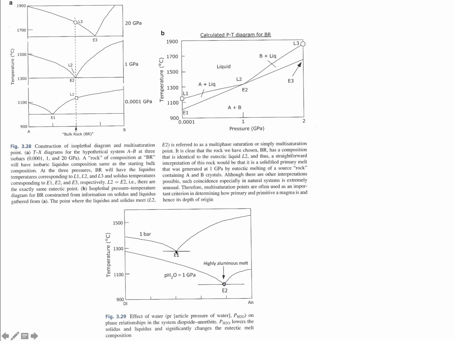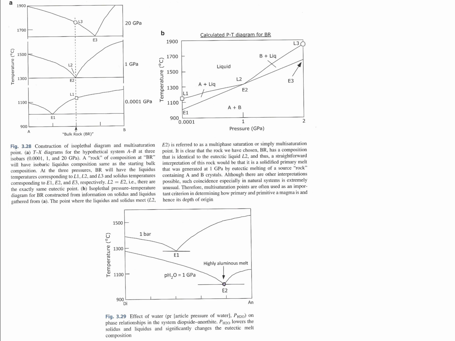Then we have here an eutectic point at 1 bar. We have here more water in the system. Then here where is less water, we are at 1 bar, we have the eutectic point much more on the diopside side and at higher temperature.